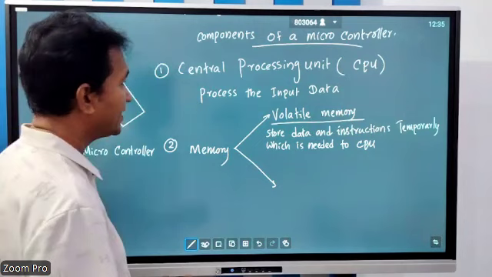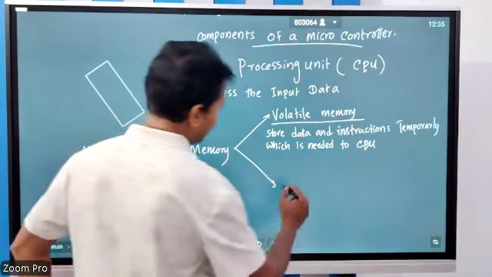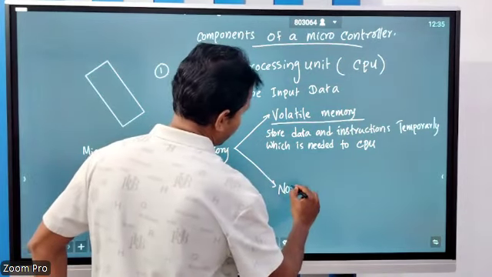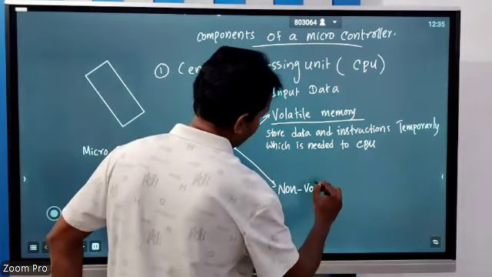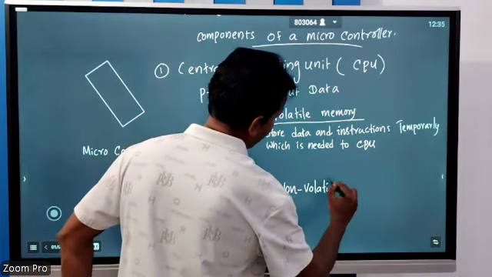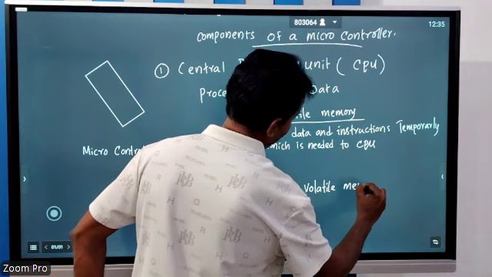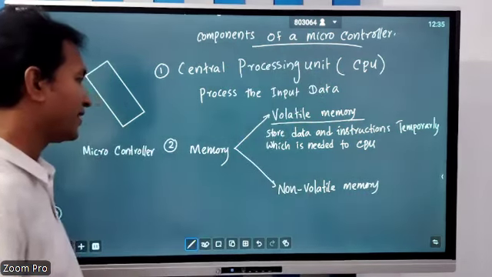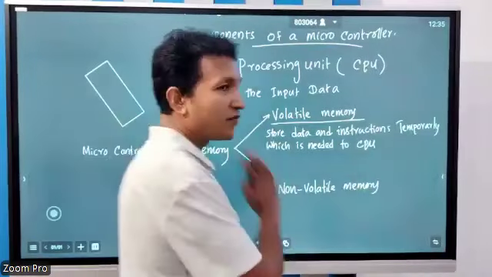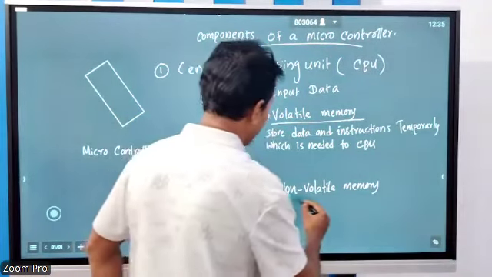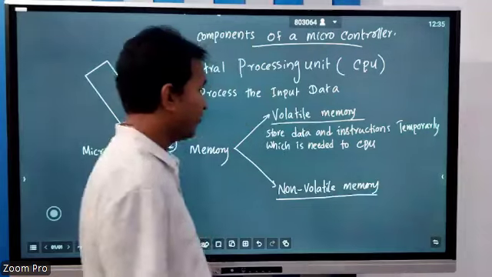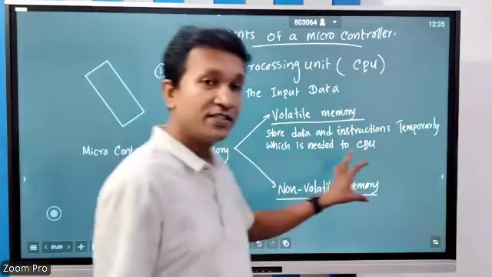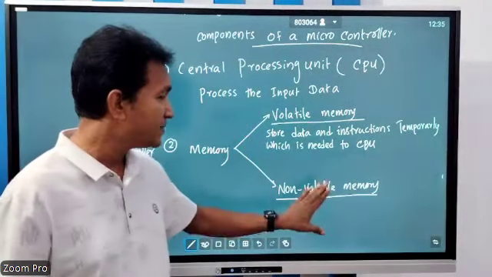What is the other memory type? Non-volatile memory. Right? Non-volatile memory. What kind of things should be stored in this memory?